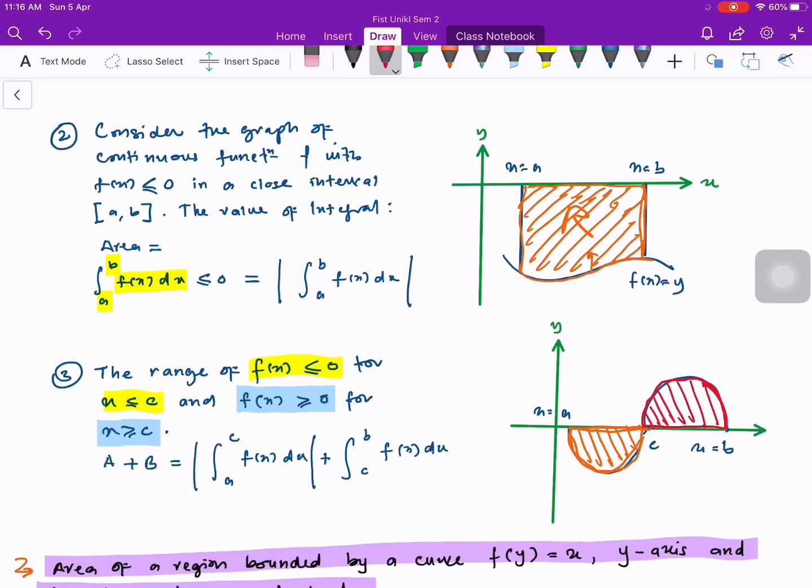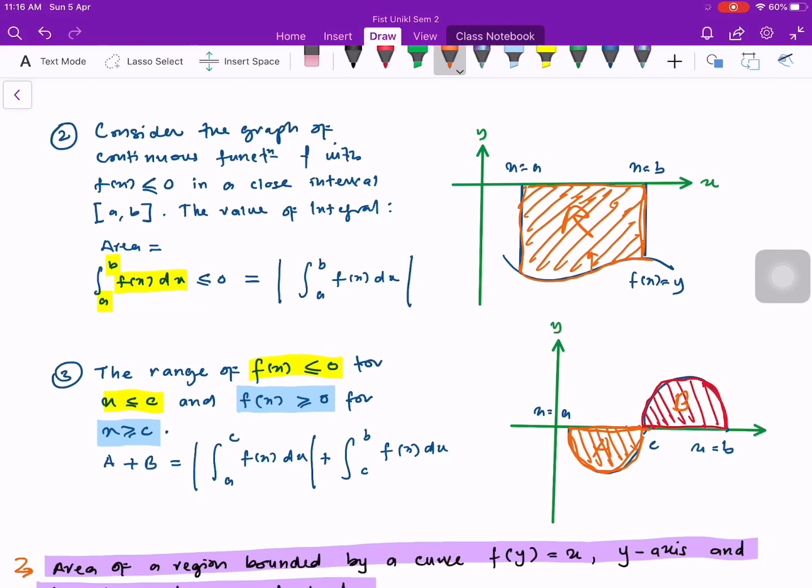So kali ni kita ada positive dan negative region. So in this case, kita akan kategorikan sebagai, let's say that this one is the region of A, and this is the region of B. So therefore kita akan ada A plus B equals to, so we have a modulus.